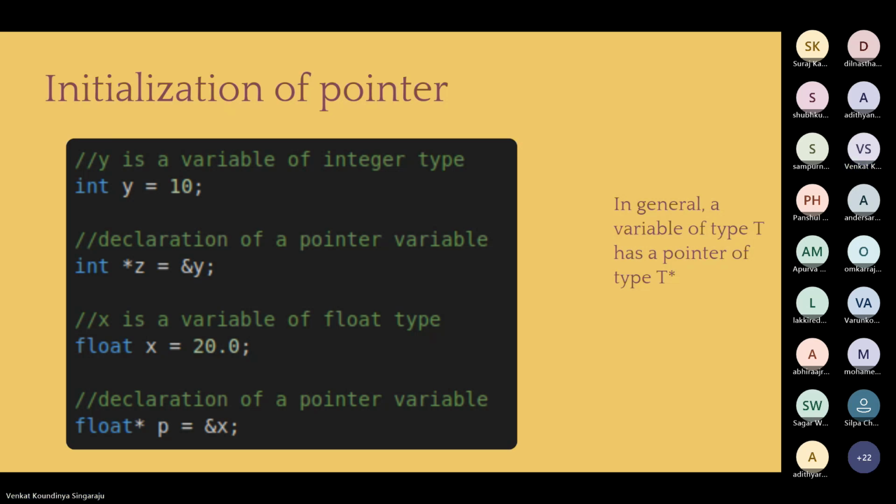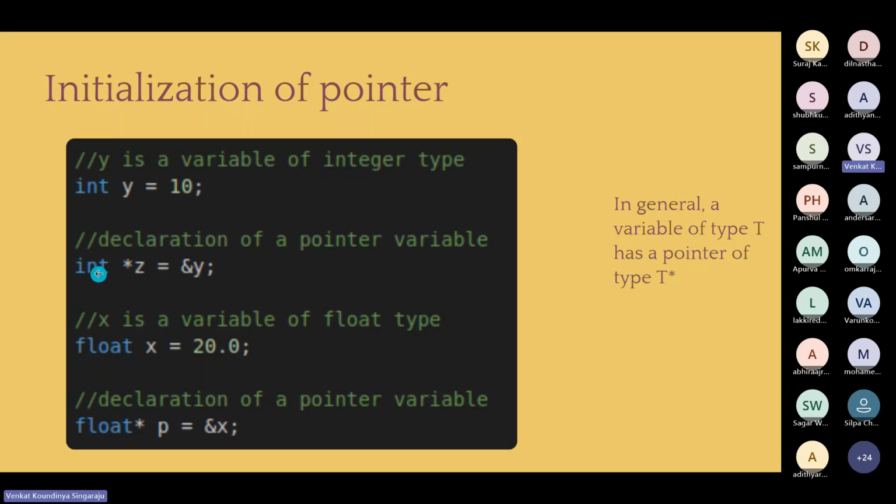Let us look at this example. Here y is an integer variable and its value is 10, and this is what the first line is. The second line declares an integer pointer.